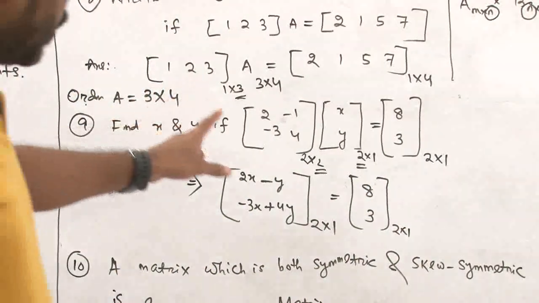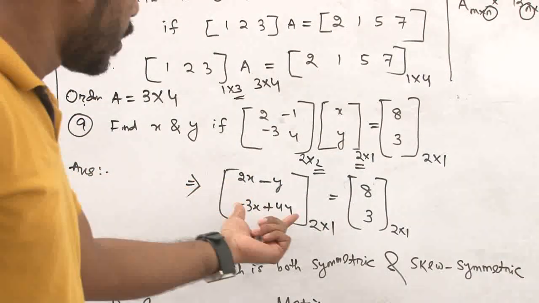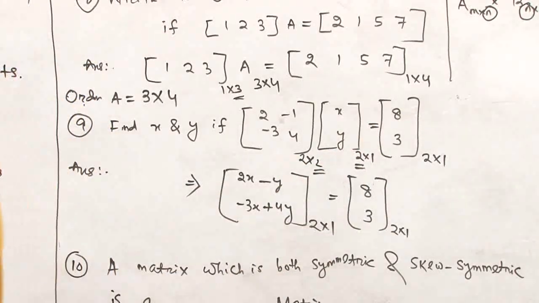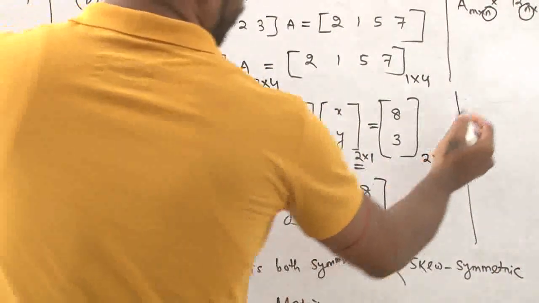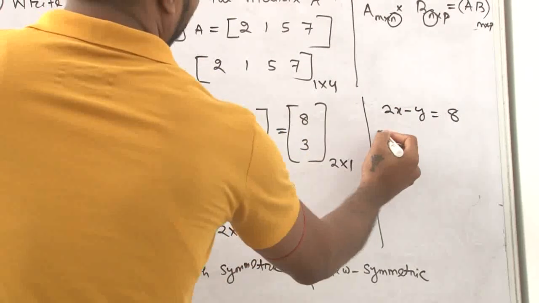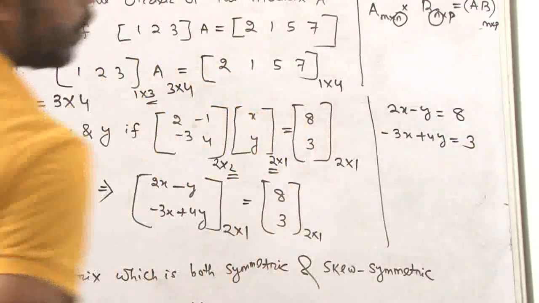Now it is an equal matrix. Equal matrix means this matrix is also order 2 into 1 and the right side also 2 into 1. So we can compare the corresponding elements. If we compare them, then we get 2x minus y is equal to 8 and minus 3x plus 4y is equal to 3.